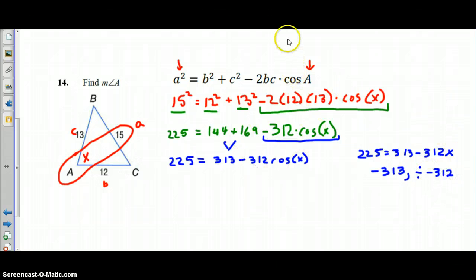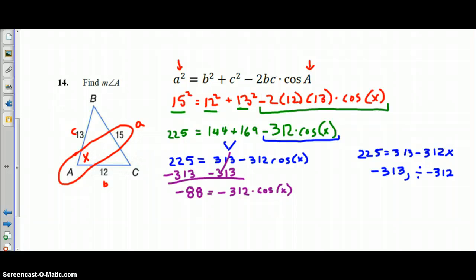We can do that same idea in this equation. So we're going to subtract 313 from both sides, and that cancels out. 225 minus 313 is negative 88, and that's equal to negative 312 times the cosine of x.